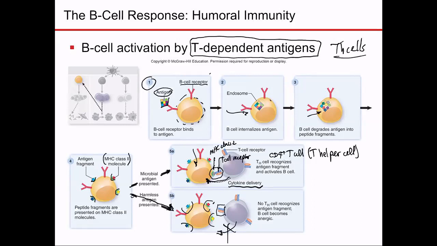This B cell will be basically eliminated through a process that we call anergy. It will become anergic and will be destroyed.